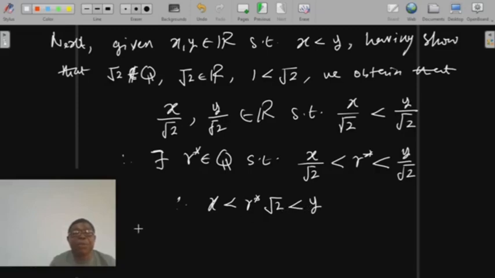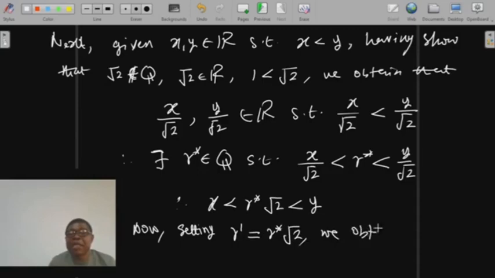Now, setting R prime equals R star root 2, we obtain that R prime belongs to Q complement because this is not a rational number. And then x is less than R prime, less than y.